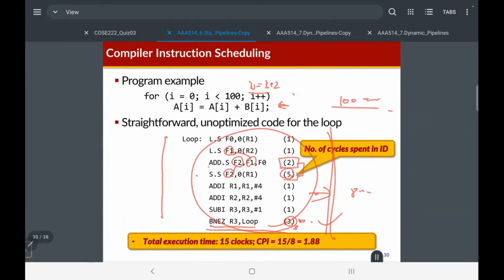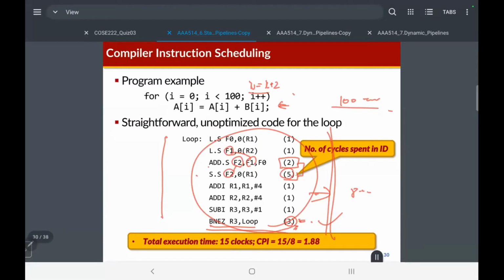In the statically scheduled pipeline architecture, the hardware cannot reorder the execution of instructions. So in order to increase the performance of this processor, a compiler needs to reorganize the order of instructions.